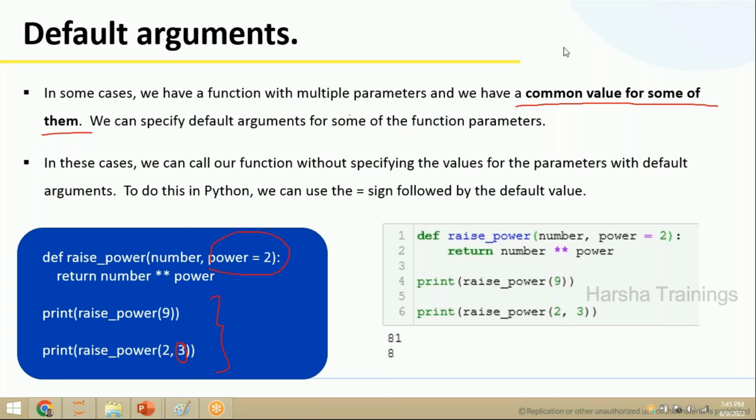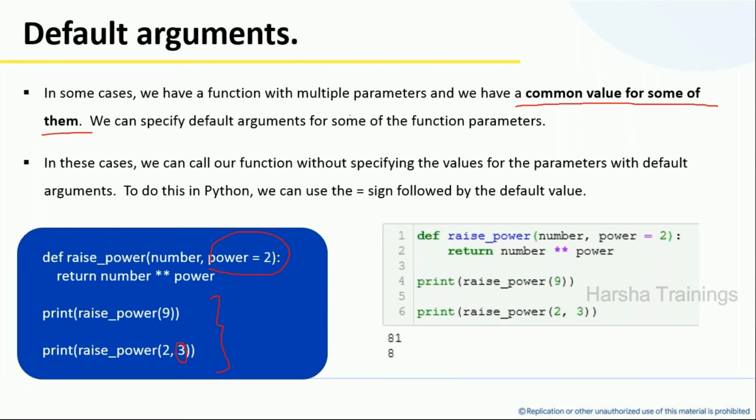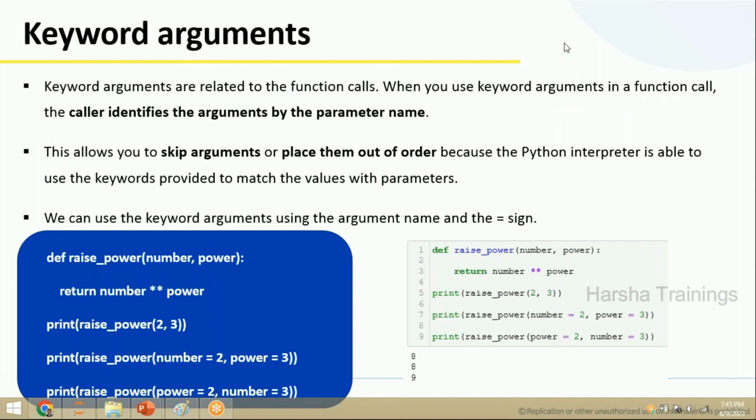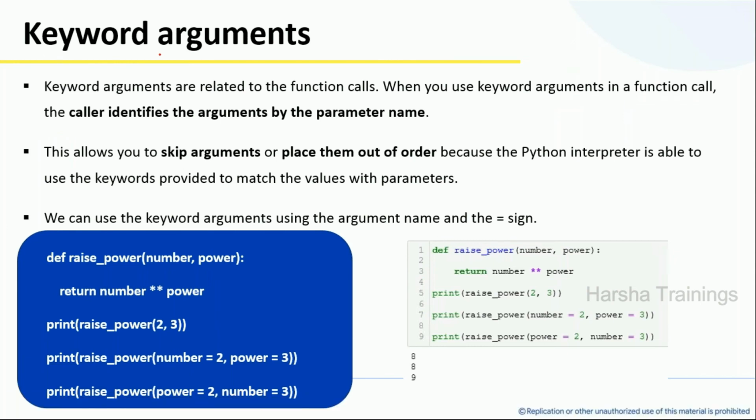Clear? Now, the next one is keyword arguments. That is only available in Python, and no other languages have this concept. What is the meaning of keyword arguments? As I already told you, both actual arguments and formal arguments are the same.